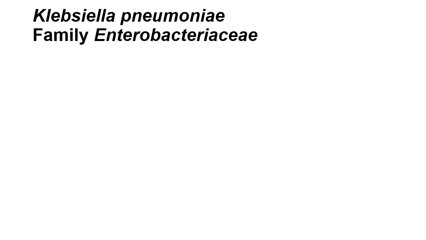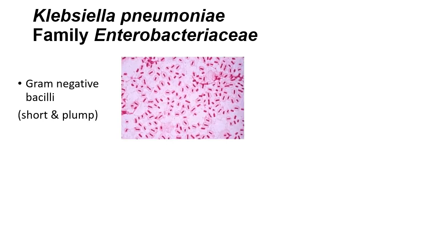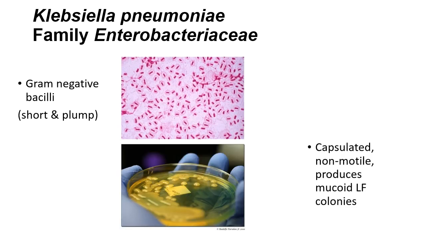Okay, so Klebsiella, as part of the big family Enterobacteriaceae, is a gram-negative bacillus. These are very short and plump bacilli, as you can see in this picture here. As you can also notice in this picture, they are surrounded by a halo, and this is actually a capsule. So they are encapsulated.